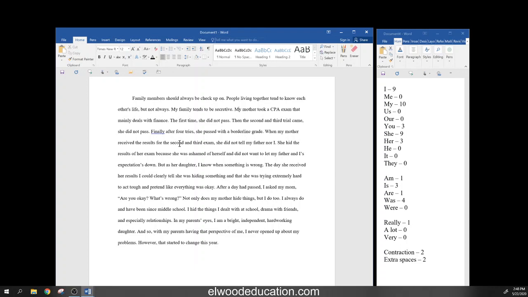I have my mother took a CPA exam that mainly deals with finance. The first time she did not pass, then the second and third trial came and she did not pass.